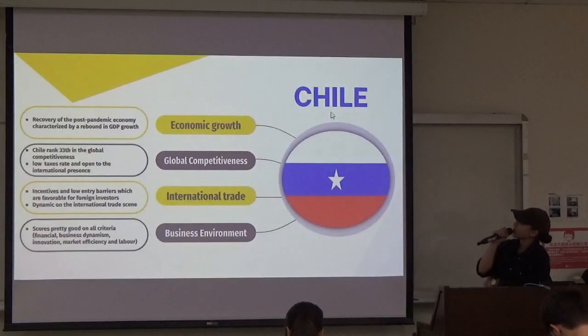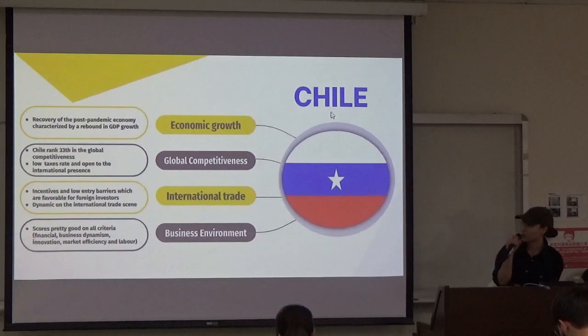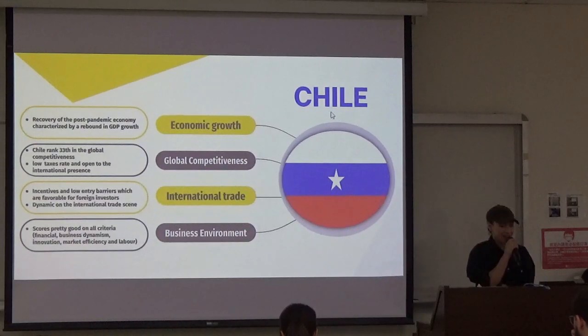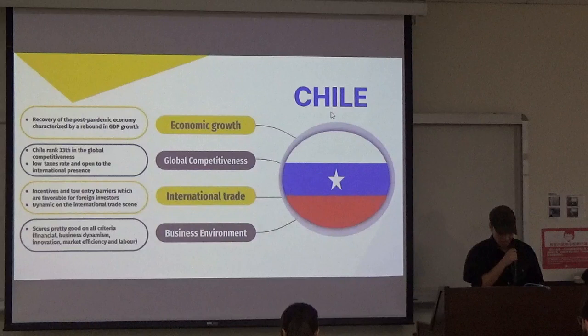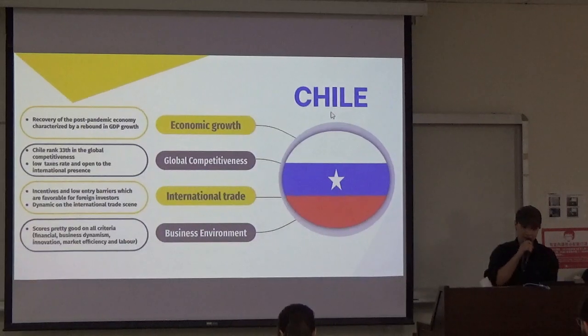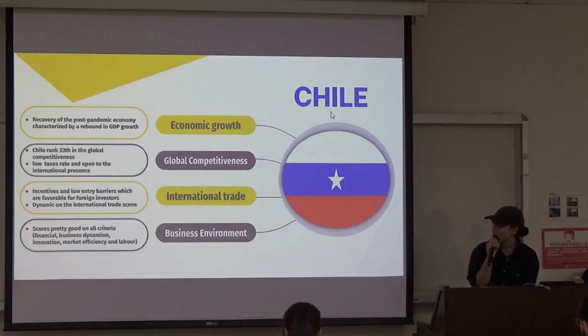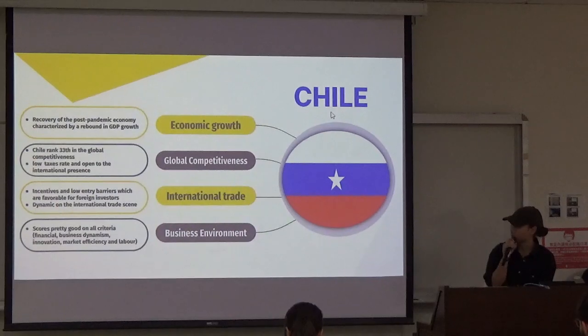So to conclude, we decided to choose Chile for these 4 different factors: the economic growth, because of its rebounding GDP growth after the pandemic; the global competitiveness, because Chile ranked best among the South American countries, ahead of Brazil and Colombia; of course, the low taxes, which stimulate international trade; the incentives and low entry barriers, which are beneficial for international investors and stimulate international trade for the country.